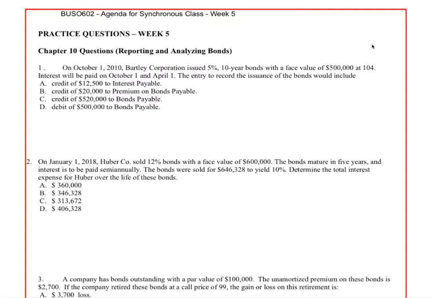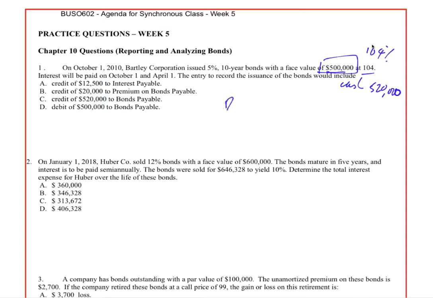Question 1. On the 1st of October, a company issued some bonds with a face value of 500,000 at 104, interest was paid, and so on. So this is simply going to be what is the issue of the bonds. What this means is that we have 500,000 as a face value, 104 means 104% of face value, and so the cash received on issuing these bonds would be 104% of 500,000, which is 520,000.